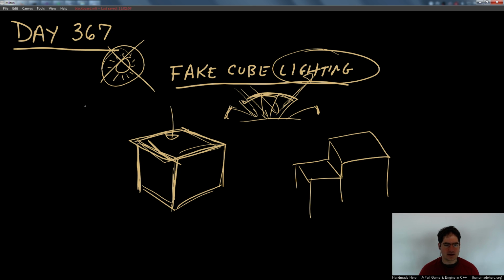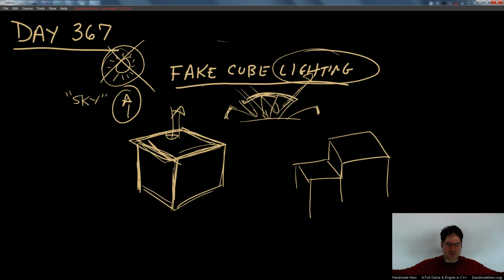But what I did is I did more like a sky lighting, which is to say, yeah, the sun in the sky is obviously a very strong point light source, but there's also overcast days, right? And then it's more uniform where the light's coming from, but the light is still coming from the top, right? So anything that's facing upward and is exposed to the top is going to get most of the light from a big hemisphere of the sky, right?